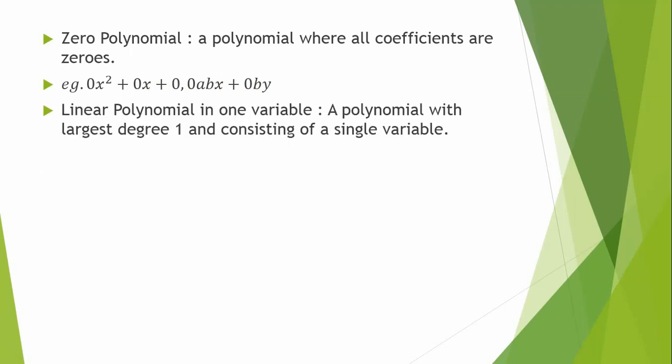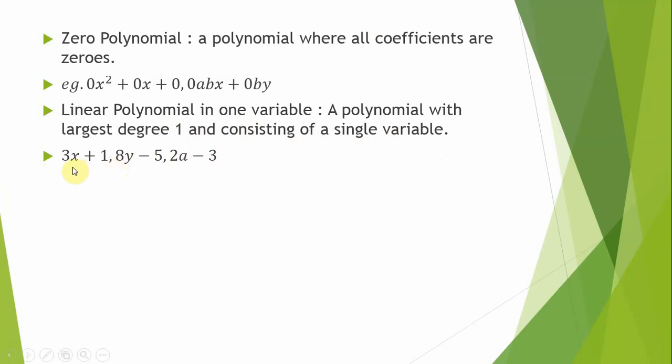Let's talk about a linear polynomial in one variable. So a polynomial with the highest degree of 1 and consisting of a single variable is known as a linear polynomial in one variable. An example would be 3x plus 1, 8y minus 5, 2a minus 3.